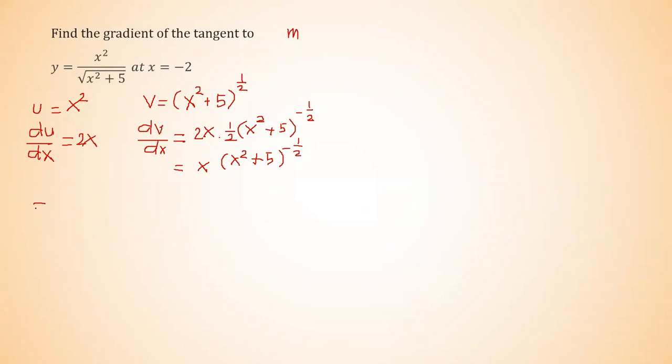Now dy/dx equals v times the derivative of u minus u times the derivative of v, over v squared.